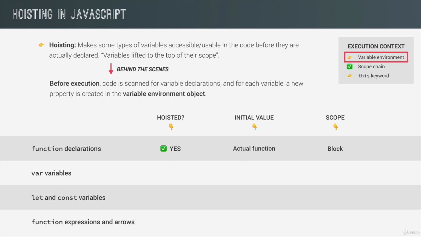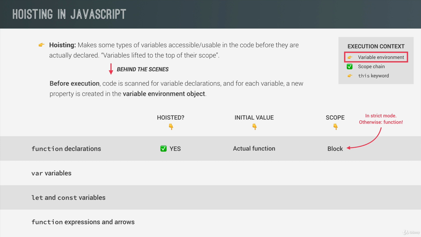It is because of hoisting. And just to make this table a bit more complete, so that it serves as a nice overview for you, I also show here that function declarations are block scoped, as we learned before. Just keep in mind that this is only true for strict mode. So if you're using sloppy mode, which you shouldn't, then functions are function scoped.